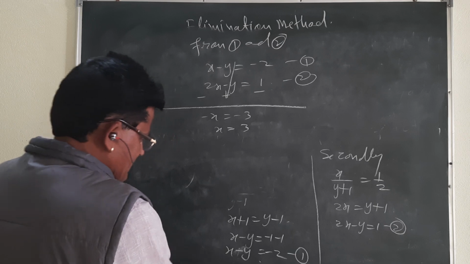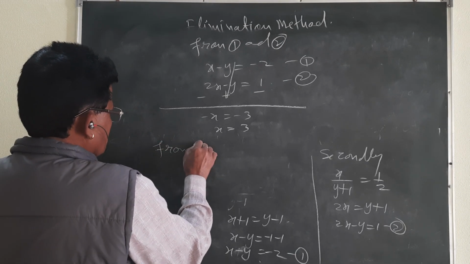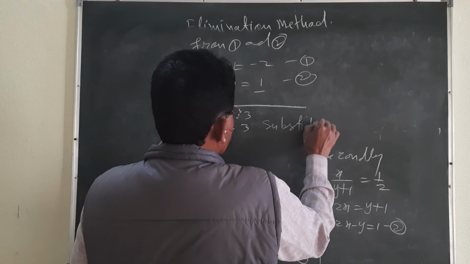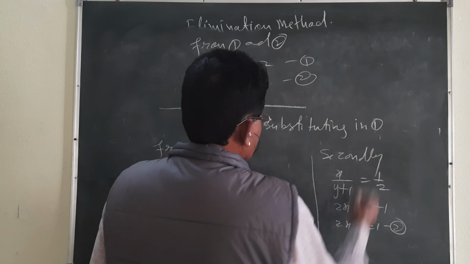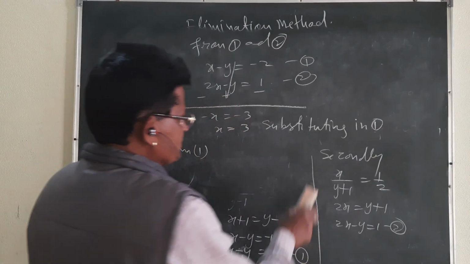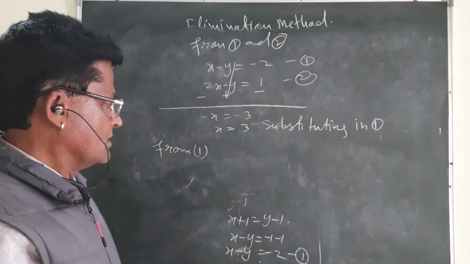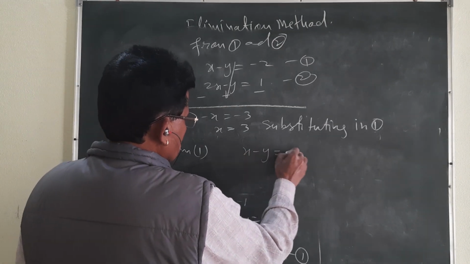Y you can find by substituting in equation 1. You must substitute this value in 1 so that you will get the value of y. Equation 1 is x minus y will be equal to minus 2.